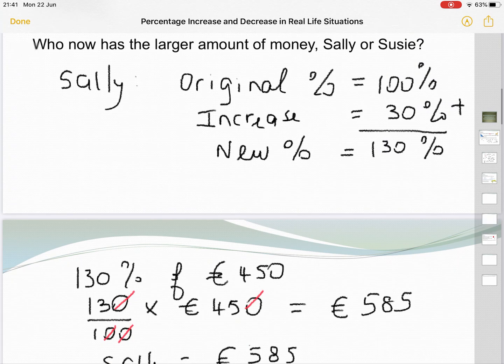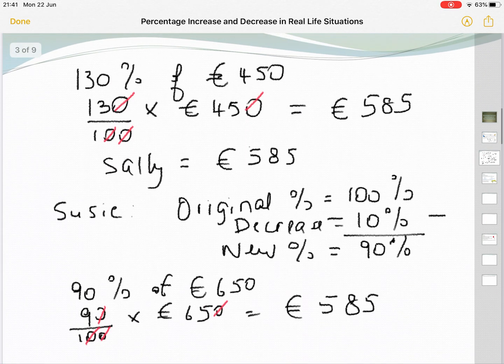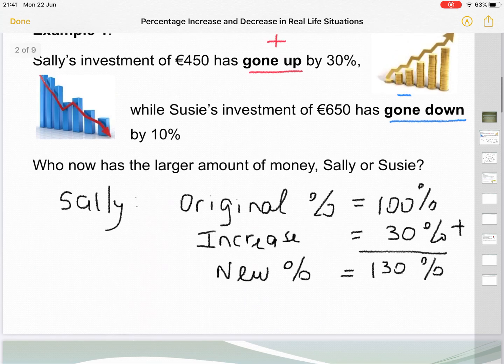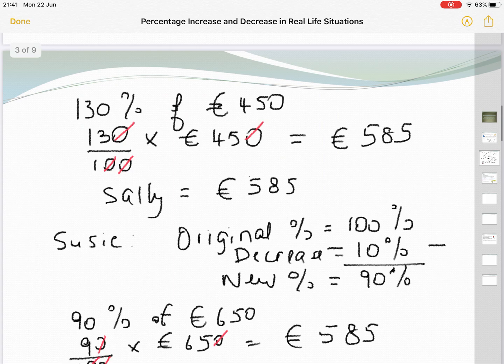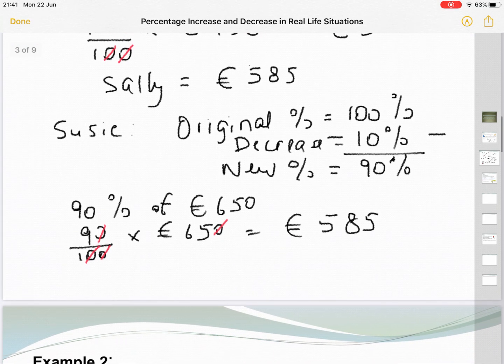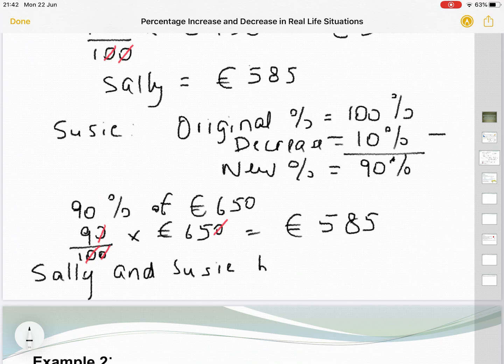So I can say that both Sally and Susie have the same amount of money.